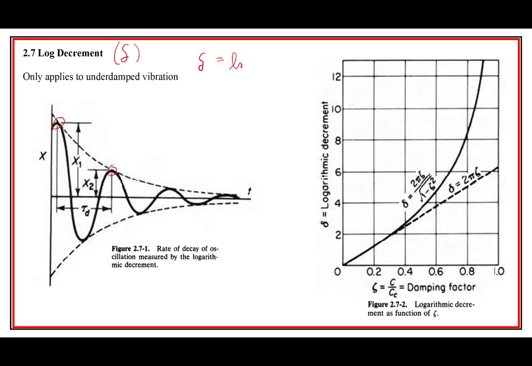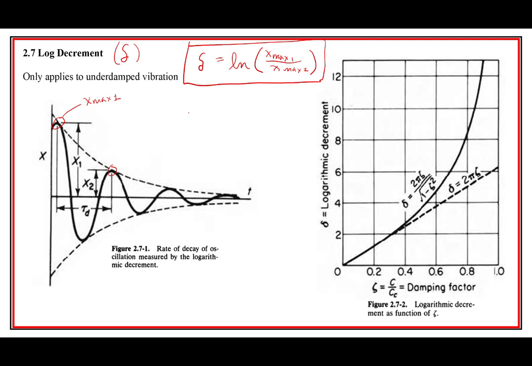We will take the natural log of the, I'll call it x max 1, divided by x max 2. Pretty simple, really. That's the main equation for this log decrement.